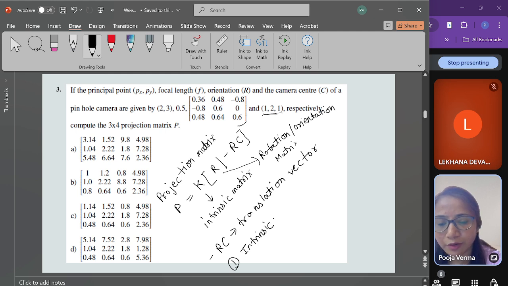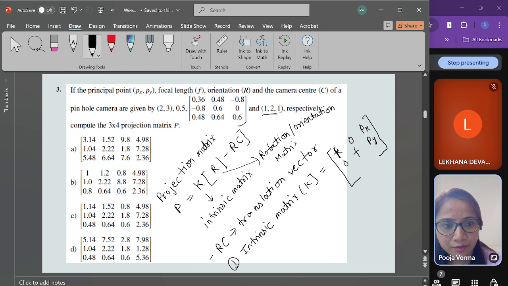Does any one of you remember how we can represent the intrinsic matrix K? K is represented by this matrix: f, 0, principal point Px (otherwise Cx), then 0, f, Py, and 0, 0, 1.